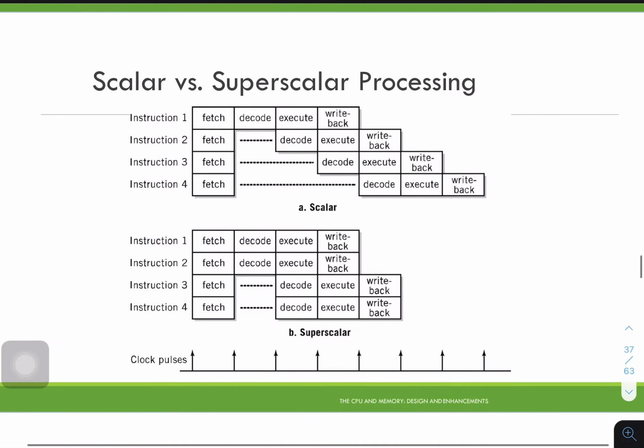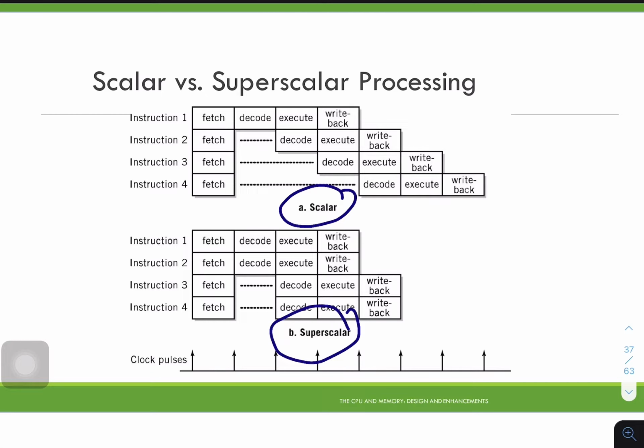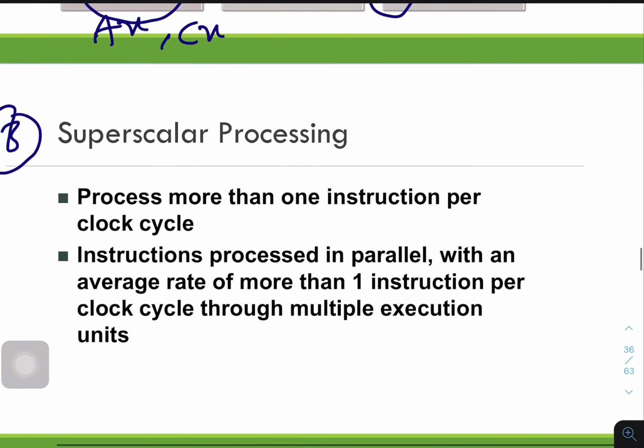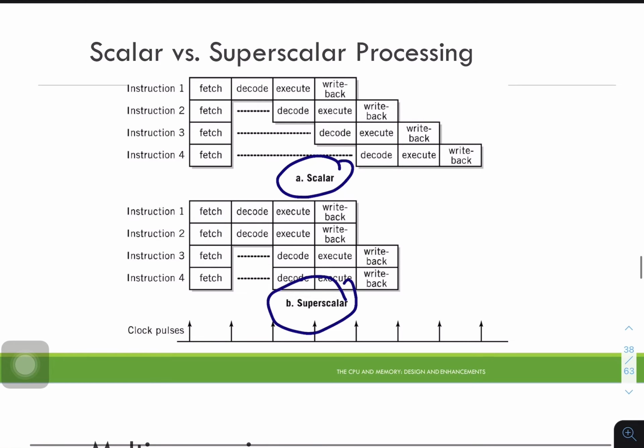Okay, let us see. Now the difference between pipelining and superscalar is, okay, this is scalar, and this is superscalar. The difference between superscalar and pipelining is that superscalar can have more than one instruction per time.